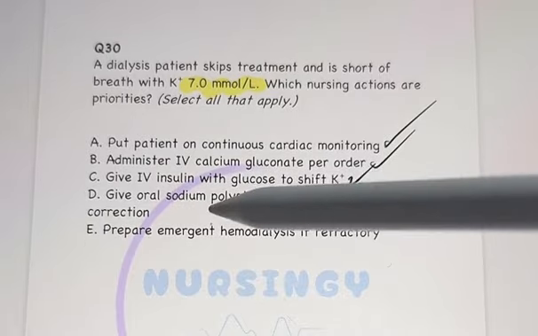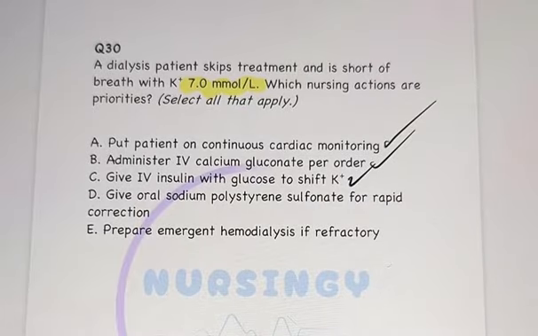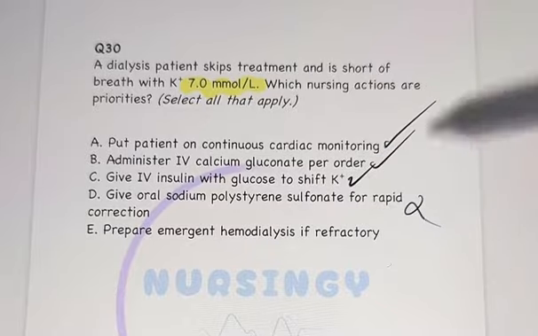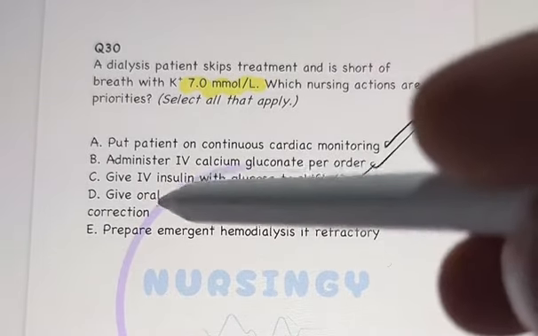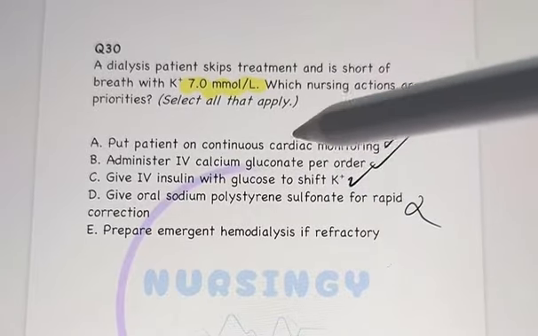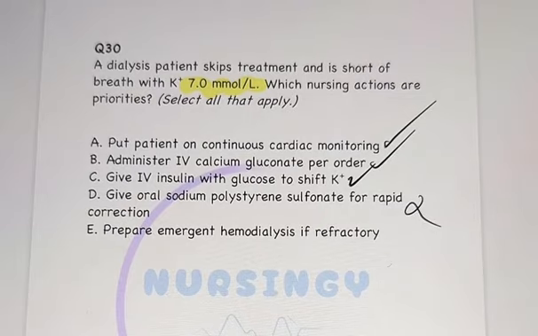Give oral sodium polystyrene sulfonate for rapid correction. Can we do D? No. We did this medicine in our pharma session. It's not rapid. Sodium polystyrene sulfonate is an exchange resin that doesn't let potassium be reabsorbed in the GI tract.